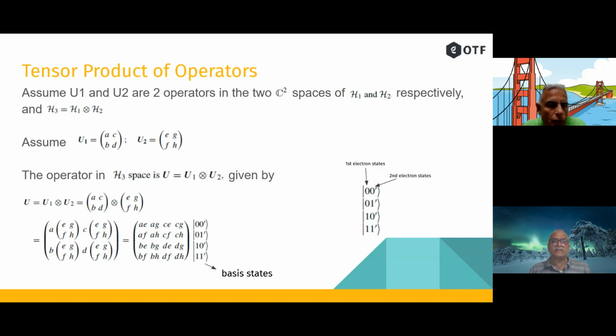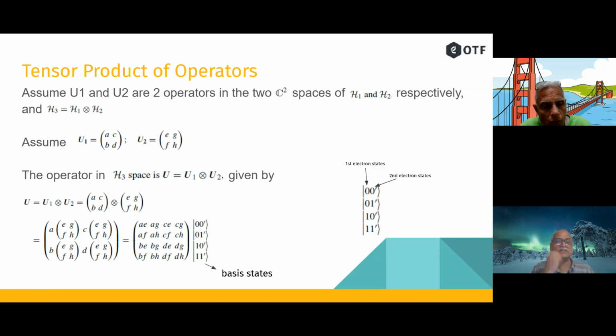If I define the tensor product of h1 and h2, that gives me an enlarged Hilbert space, h3. Now, the moment I have h3, is it possible for me to define an equivalent operator in h3 which is as good as the combination of u1 and u2?